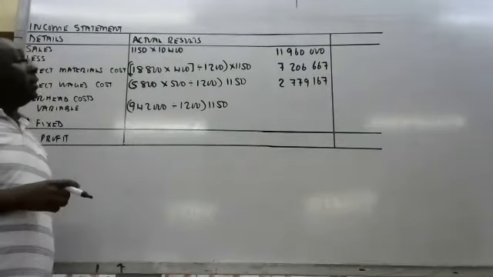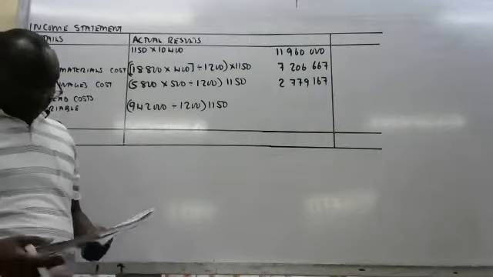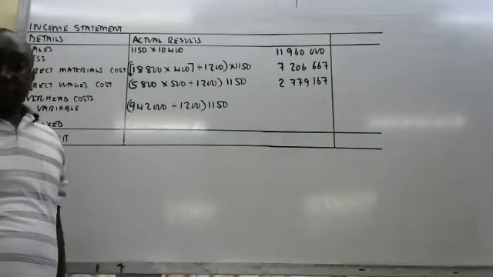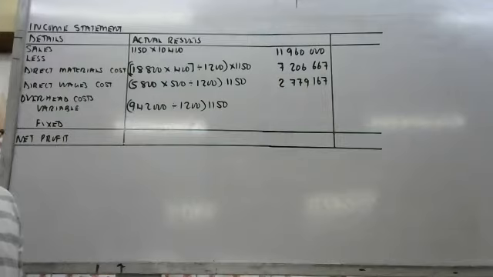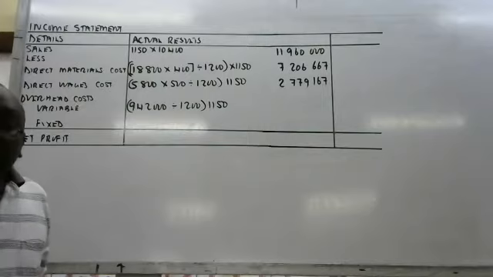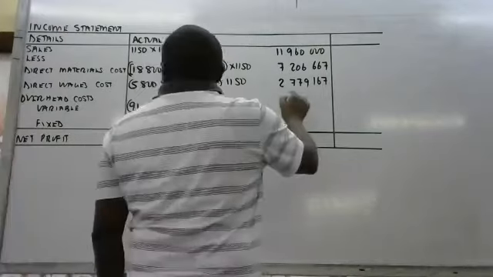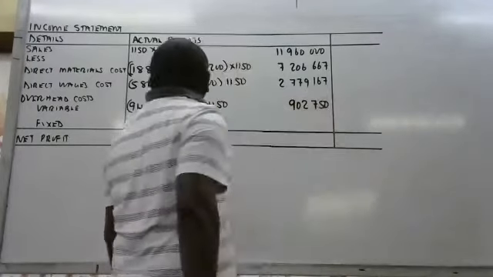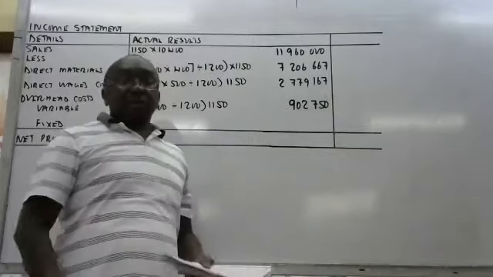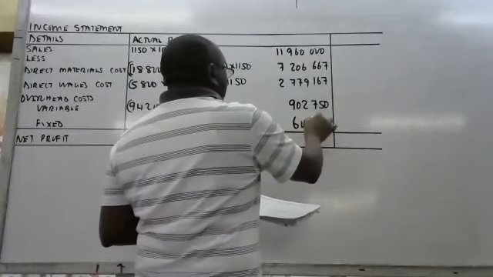Let us go to variable overheads. 902,750. So the fixed overheads, those ones remain as given, which is 600,000.